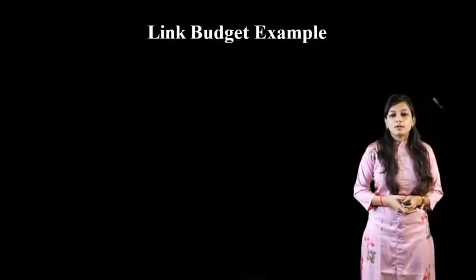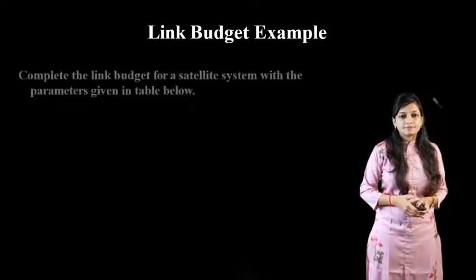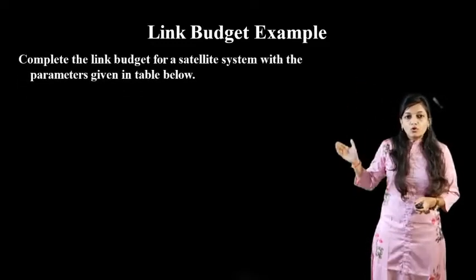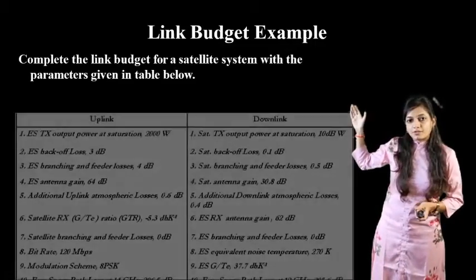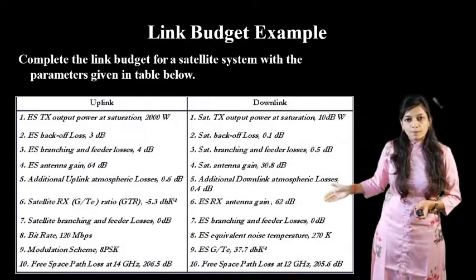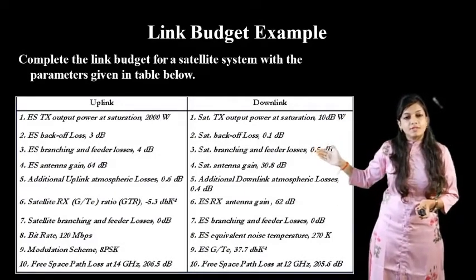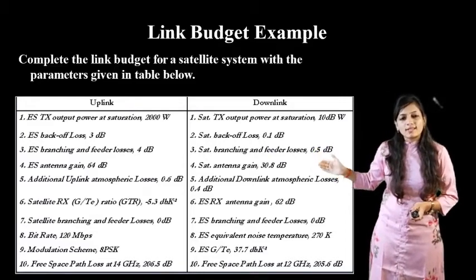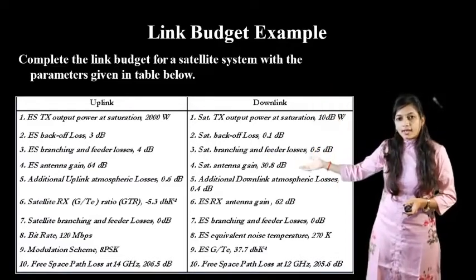Now I am going to give you one example of a link budget. To complete the link budget for a satellite system with the parameters which are given as below. For link budget calculation, we need to understand what is the difference while calculating for uplink and for downlink.